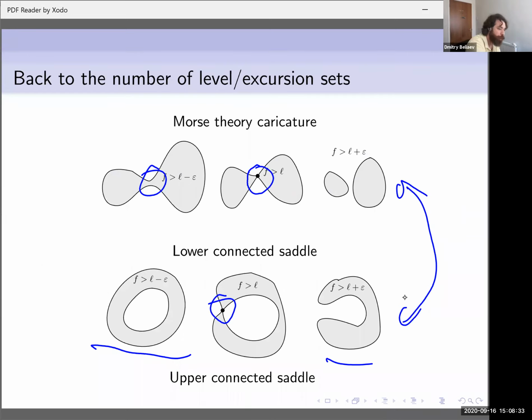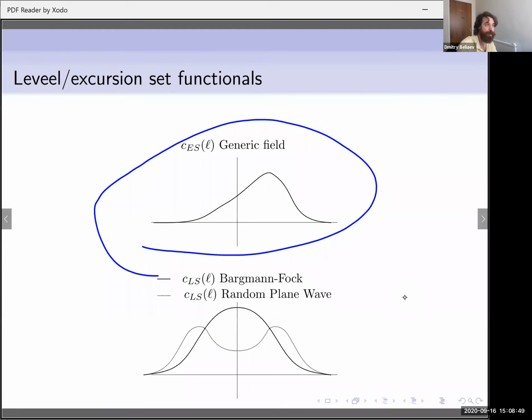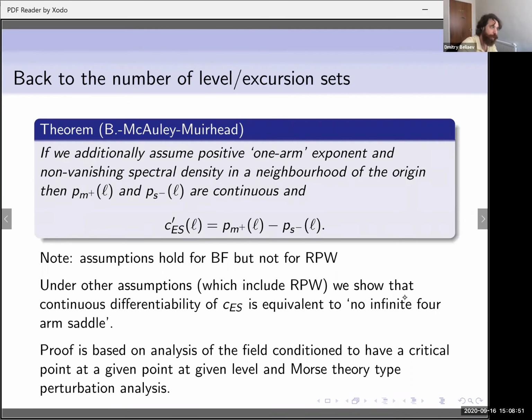Sorry, let me mention just one more thing. There is another possibility that the picture looks like this. They go to infinity. This is what we call a 4-arm saddle, but under some assumptions, these 4-arm saddles never happen.